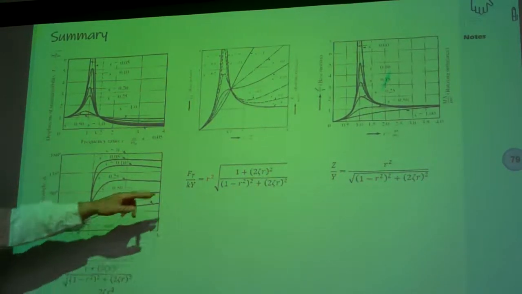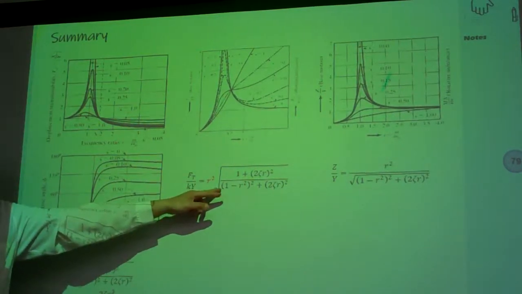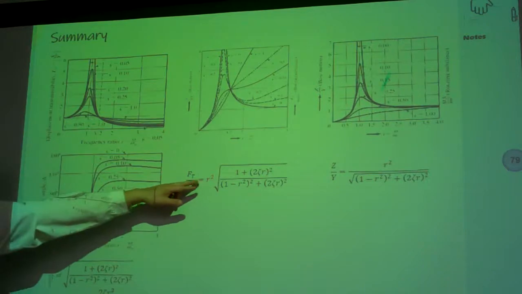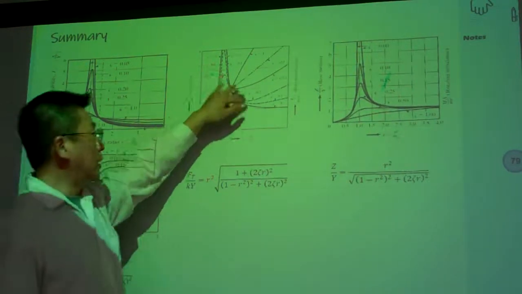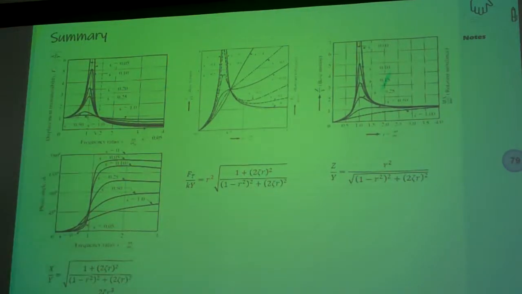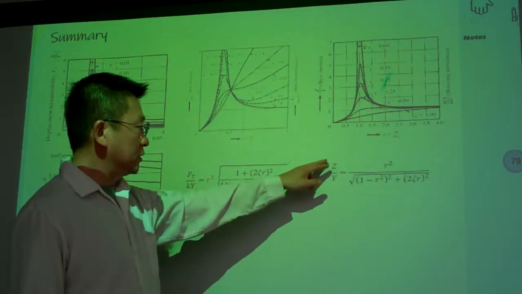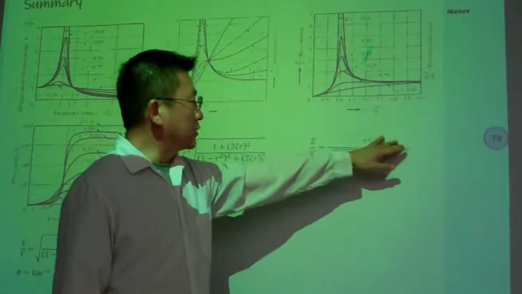Here I'm using colors to highlight the difference between the two functions. Basically this is simply r squared multiplied with this one, and that curve looks like this. Then we talk about the relative displacement transmissibility, which by definition is this one. Again, that curve is like this.